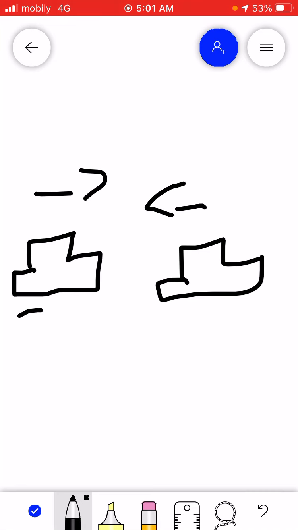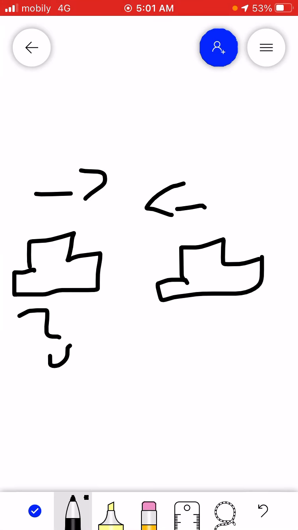But the problem is that the mass of this car is half the mass of the second car, the opposite car, the enemy car.